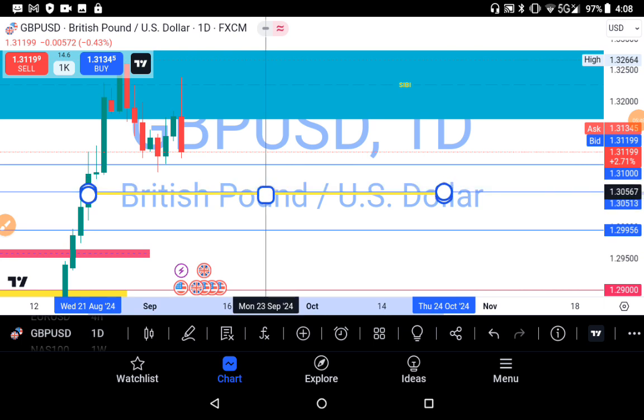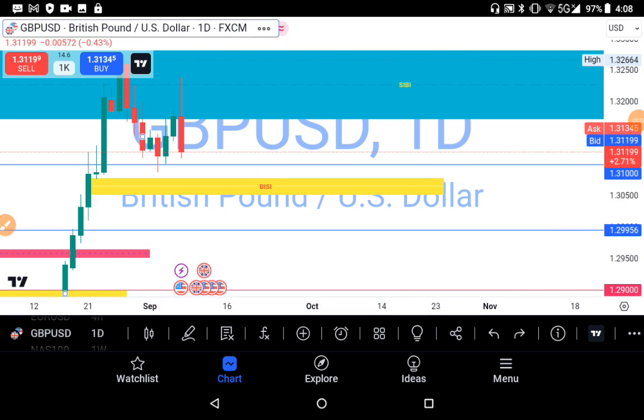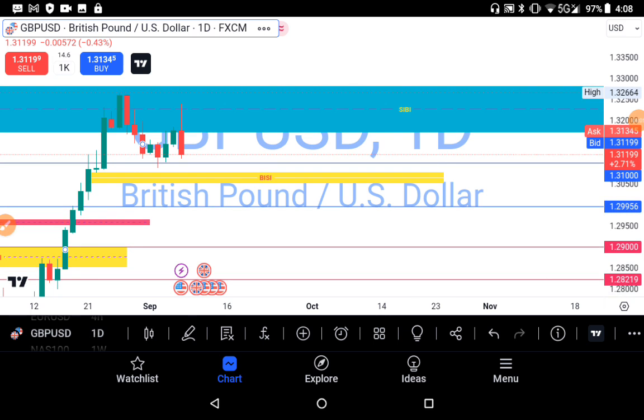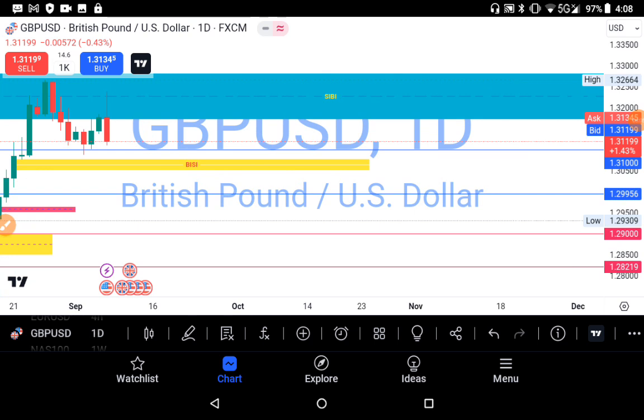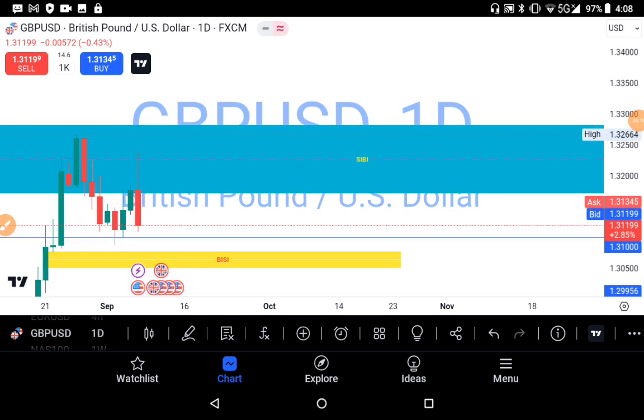So this BC here, the BC in yellow was my main interest, but 1.31,000 was delivered. So we found the market price trading back into this CB in blue.